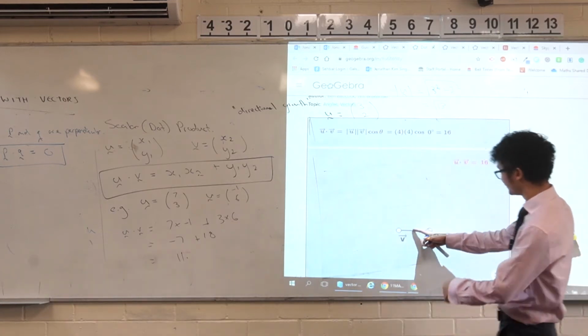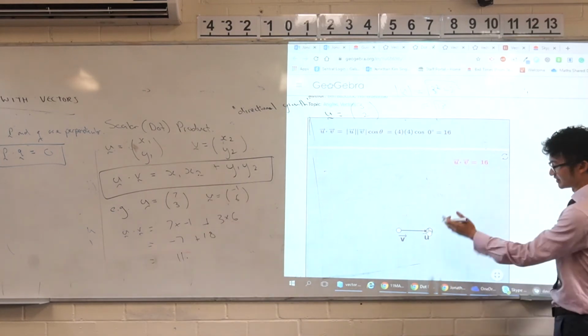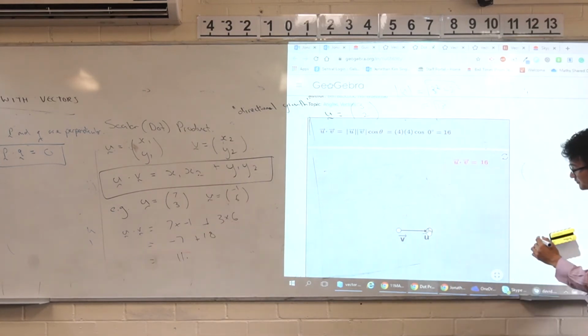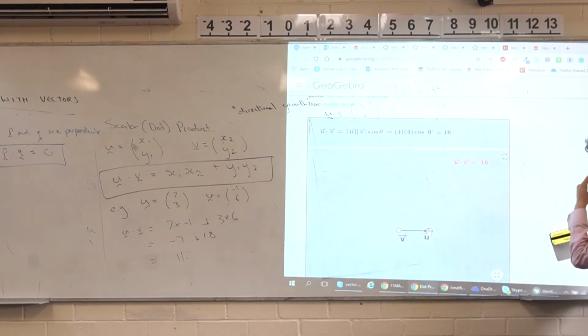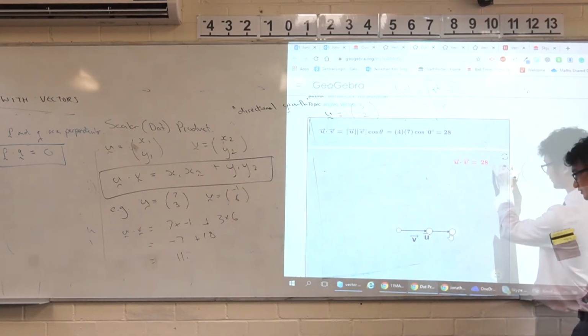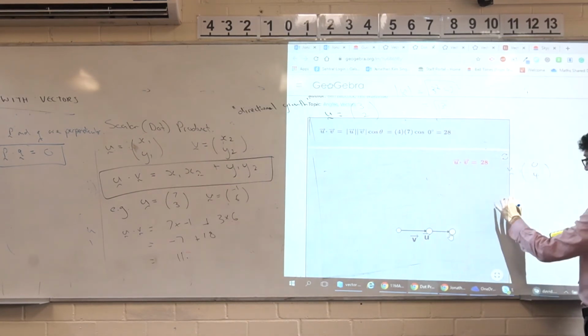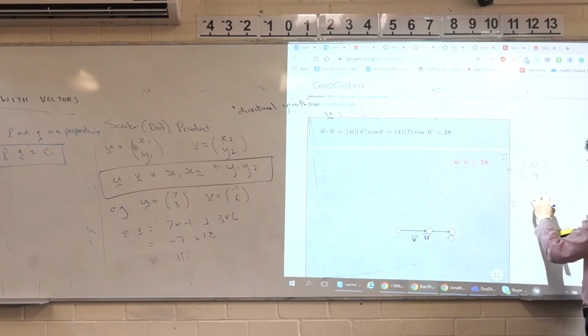I'll write this vector out. I should probably make them different, just to show you clearly what's going on. So if this vector here, u, is 0, 4, and v is equal to 0, 7.